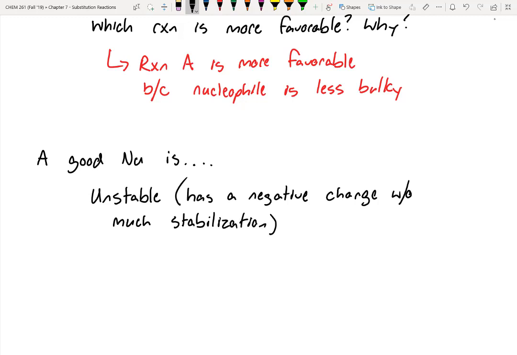Meaning it doesn't have resonance, no dipole induction, making it happy. It's something with a negative charge that isn't super duper happy. So it's unstable, and what was the other thing that's super important? Sterically unbulky, so not bulky.